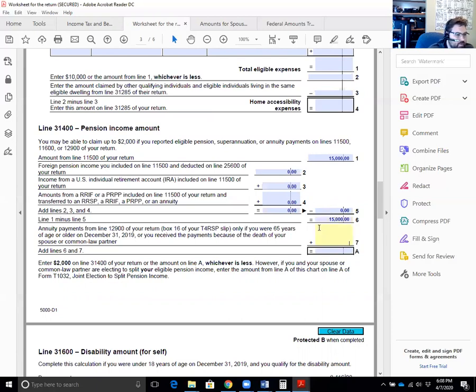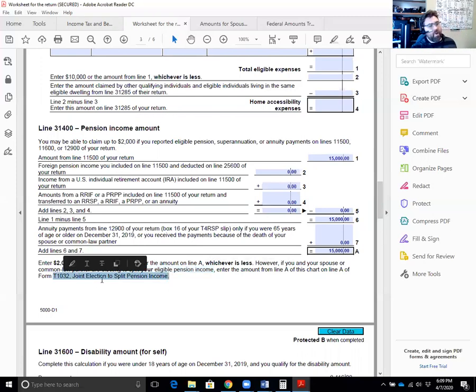Okay, annuity payments from line 12,900 of your tax return. Okay, that's nothing. Add line 6 and 7, 15,000. And enter 2,000 on line 31,400 of your return, or the amount on line A, whichever is less. Okay, wow. It's the same number. However, if you and your spouse or common law partner are electing to split your eligible pension income, enter the amount from line A of this chart on line A of form T1032, joint election to split pension income.